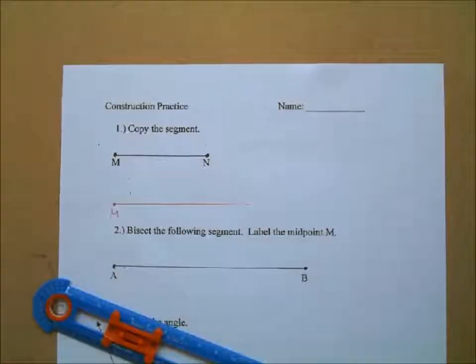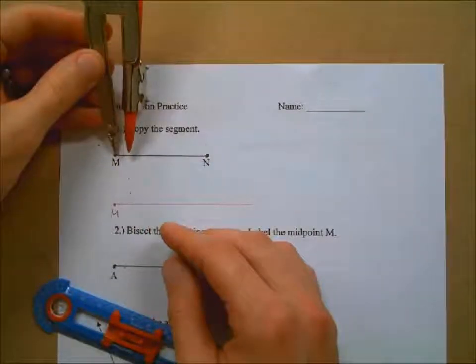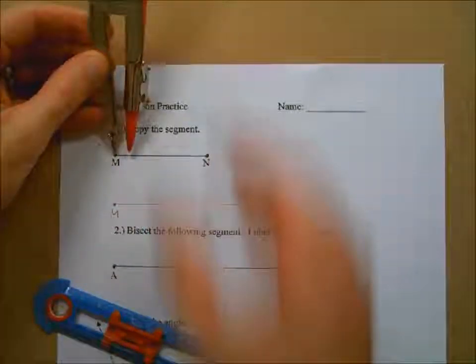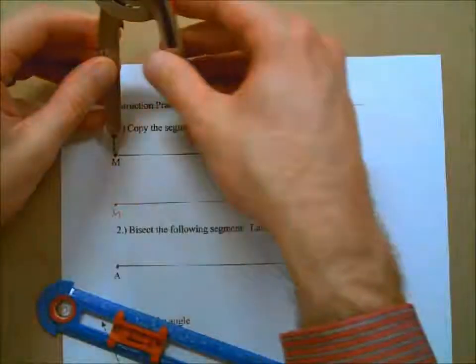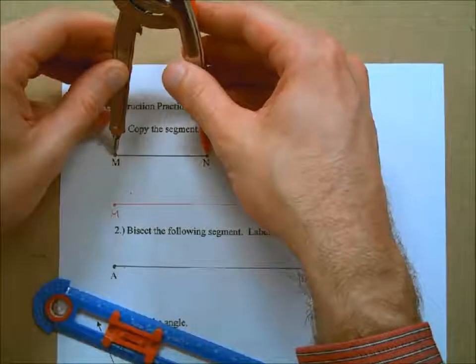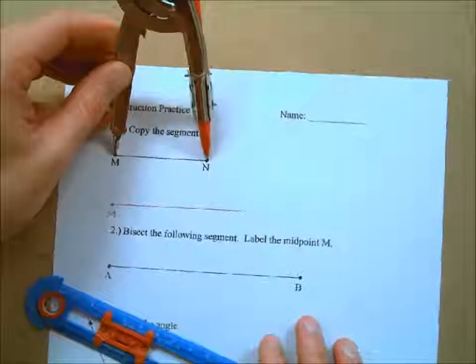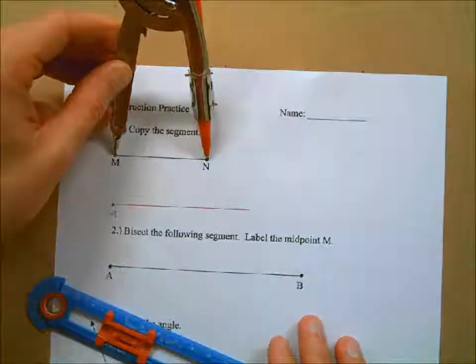Okay, I can put M wherever I want, and I'll draw a ray that's longer than MN. Okay? And then what you're going to do is take your compass, put your compass point on the M endpoint, and then open your compass up so that it is the length of MN, like so. Okay, and then you're going to make a swipe with your compass.